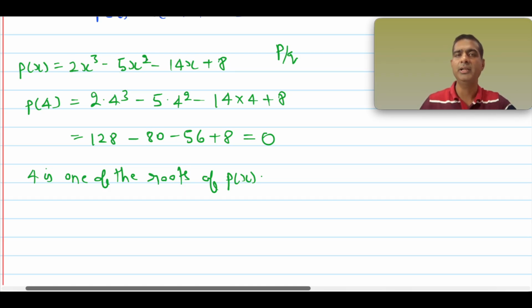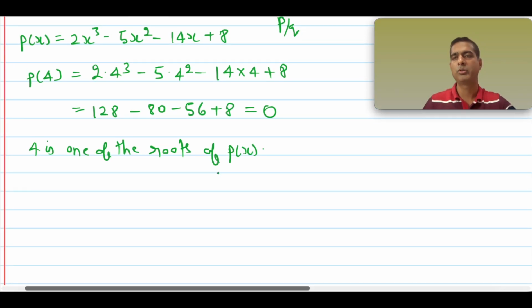So in this way, you can make a guess about the roots of the polynomials. So 4 is one of the roots of this polynomial, and because here our main focus is to find out the relationship between the coefficients and the roots of the polynomial, we will not focus on how to find out the roots.